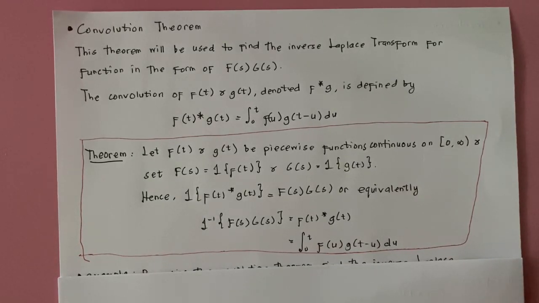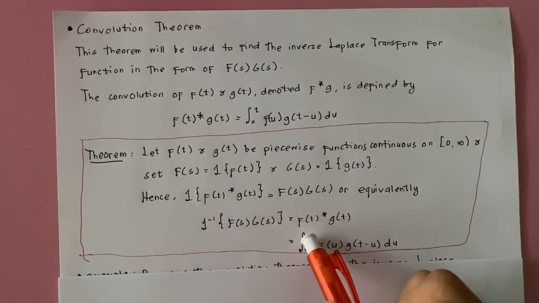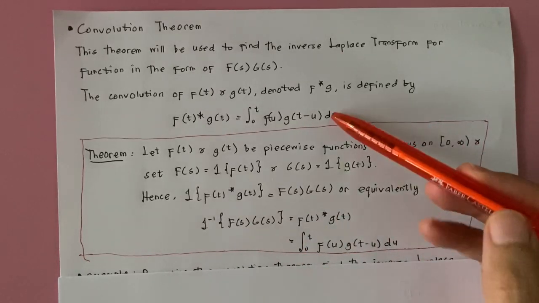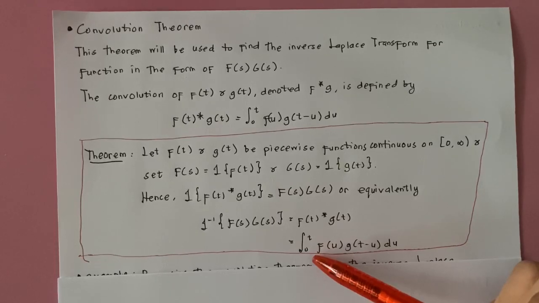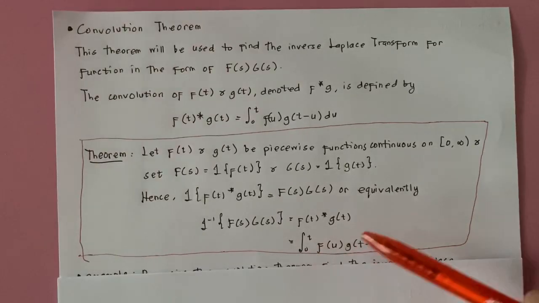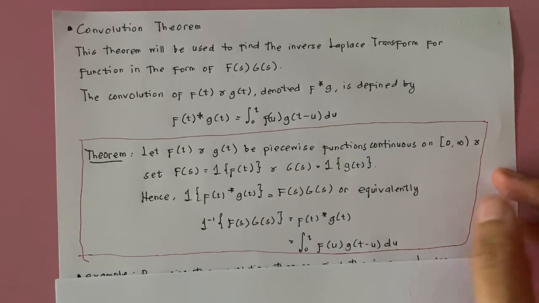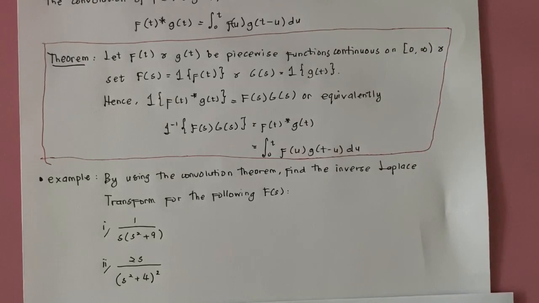Or we can say that the inverse Laplace of F(s) G(s) is equal to f star g, which from previously is integration from 0 to t of f(u) g(t minus u) du. Okay, let's see two examples here so we can understand more about the convolution theorem.